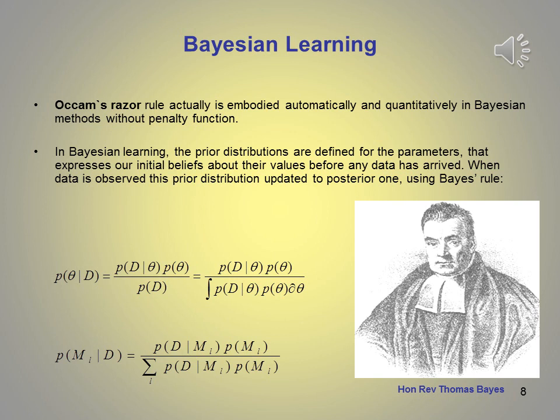Actually, Occam's razor rule is embodied automatically and quantitatively in Bayesian methods without a penalty function. In Bayesian learning, prior distributions are defined over the parameters. This expresses our initial beliefs about their values before any data has arrived. When data is observed, this prior distribution is updated to the posterior one.